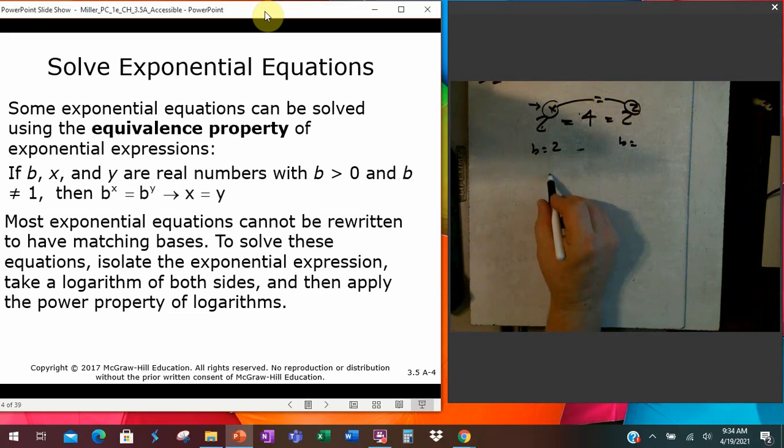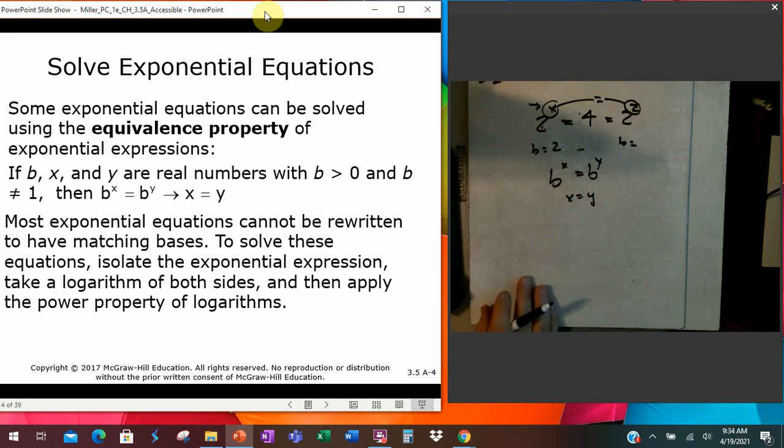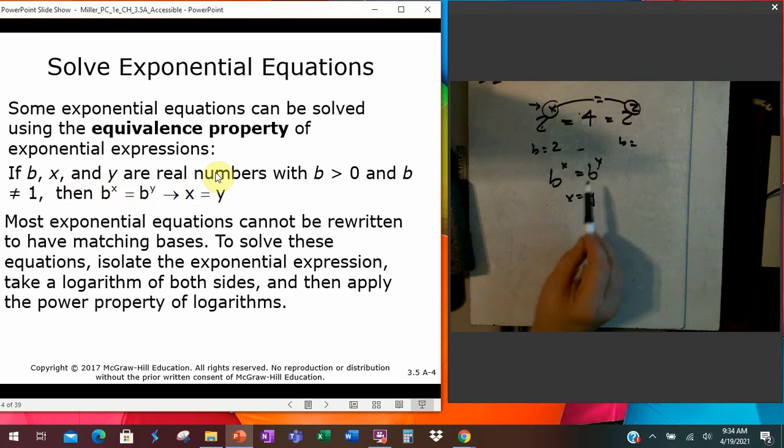If I can get b to the x to be the same thing as b to the y, then x must be equal to y. These numbers must be the same. Anytime I can get an exponential equation to the same base, then I know the exponents are equal. These things are one to one; there are not going to be two values that give us the very same thing.